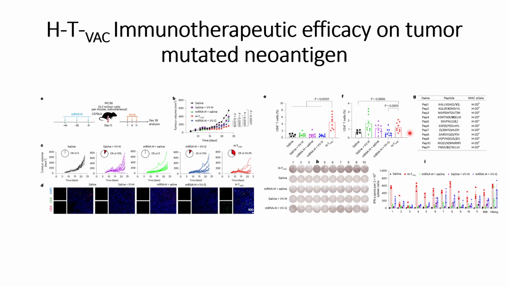The CD4 cells are also high, but comparable to the case where they used the virus only with hepatitis B surface antigens, and also comparable to where mRNA-H only is used. But the CD8 results are significantly higher, and CD8 T cells are the main cells responsible for killing of the tumors.